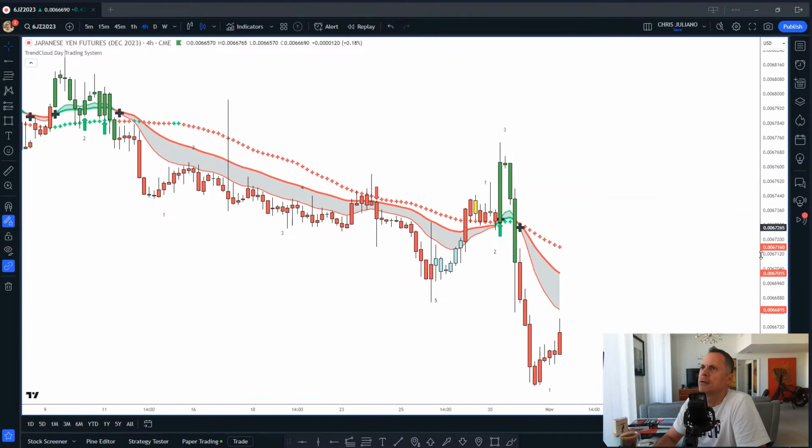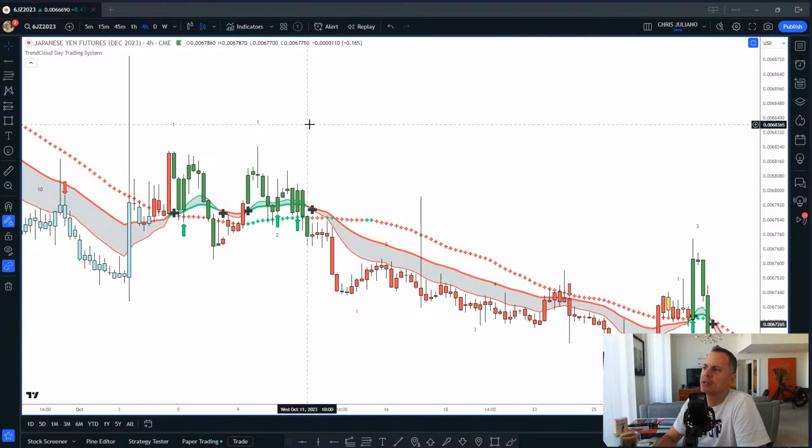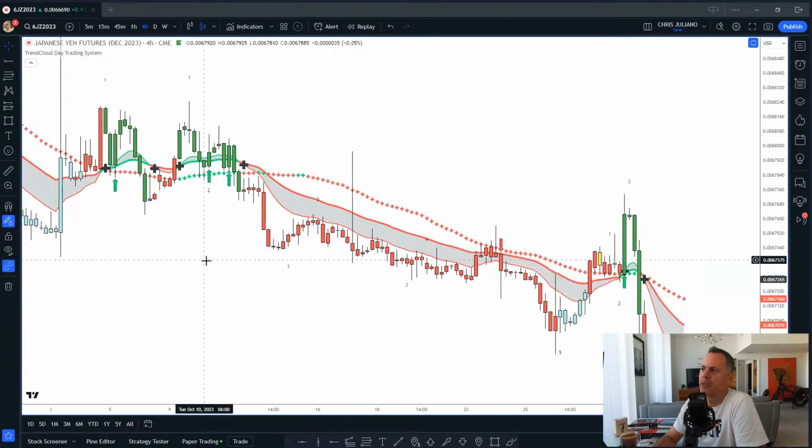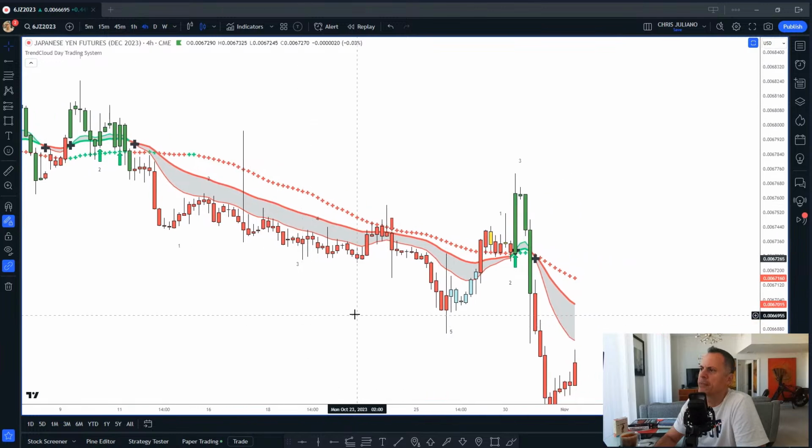Japanese yen just keeps going down, right? But look at what the Japanese yen does. Look how it makes these spike movements and then continues the downtrend. Spike movement, continue the downtrend, right? Here's something wonky: break to the upside, break to the downside.